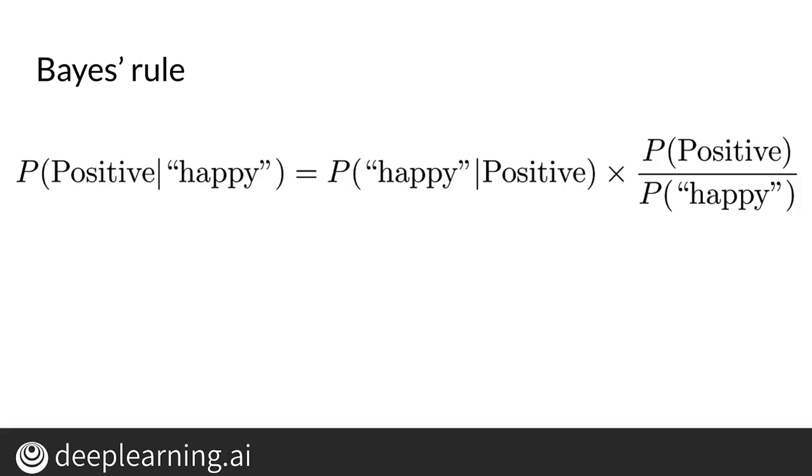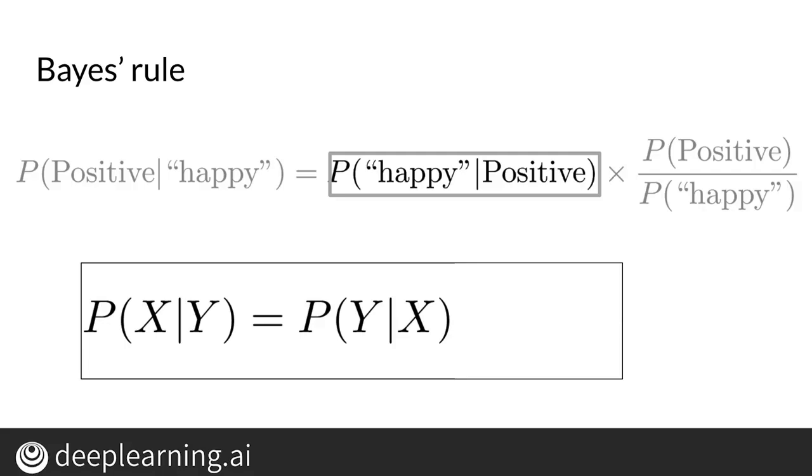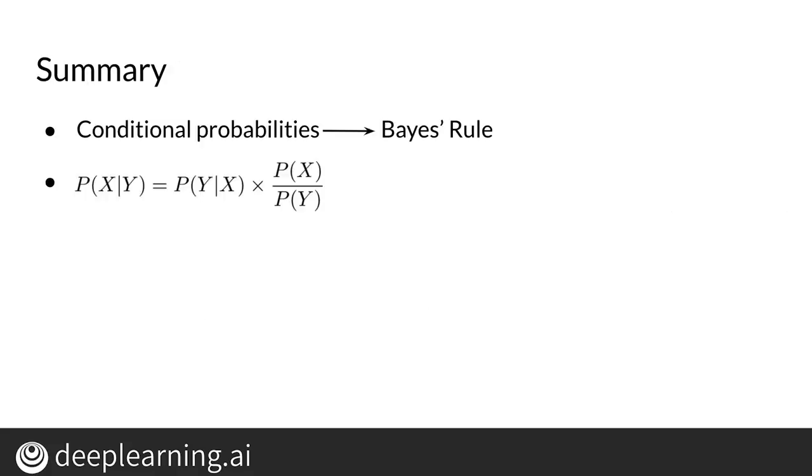More generally, Bayes' rule states that the probability of x given y is equal to the probability of y given x times the ratio of the probability of x over the probability of y. And that's it. You just arrived at the basic formulation of Bayes' rule. Nicely done. So to wrap up, you just derived Bayes' rule from expressions of conditional probability.